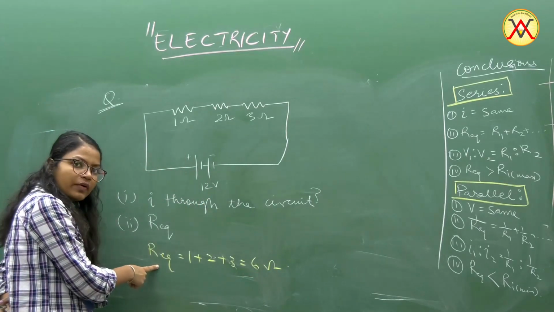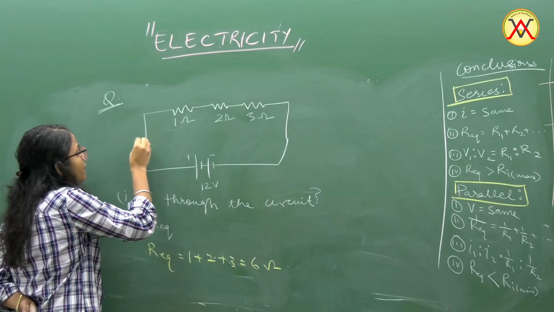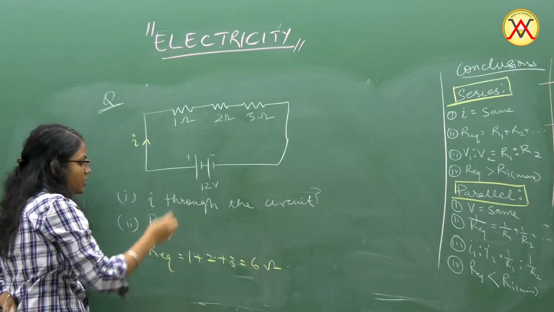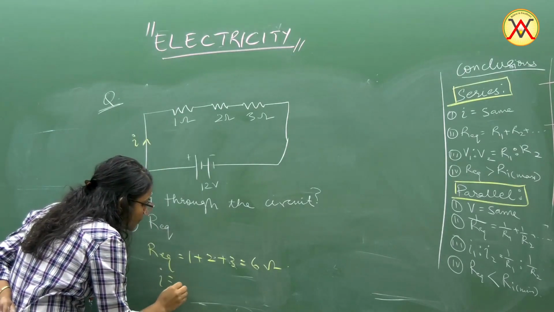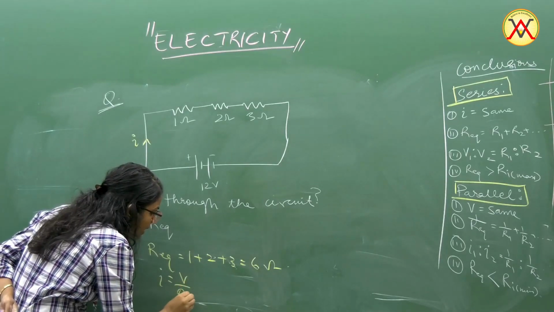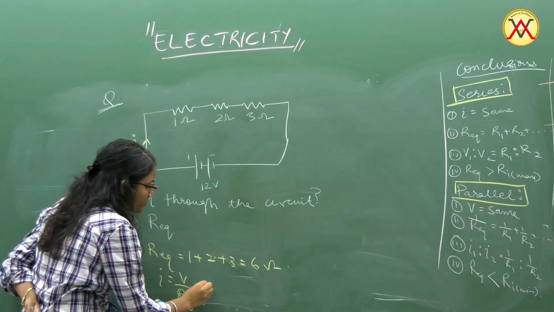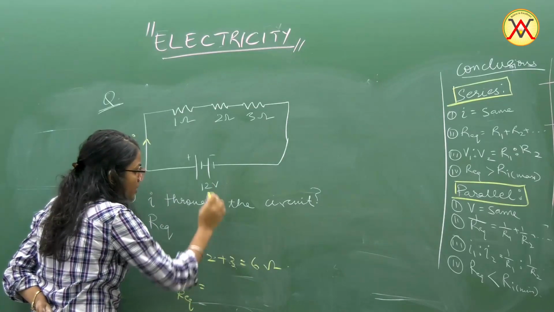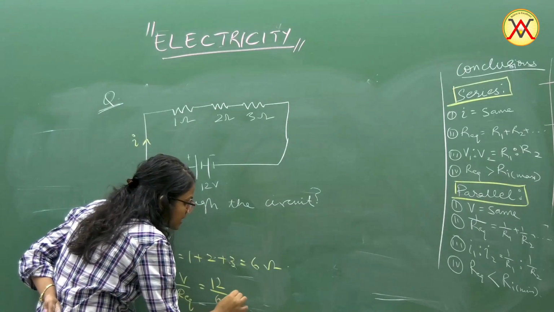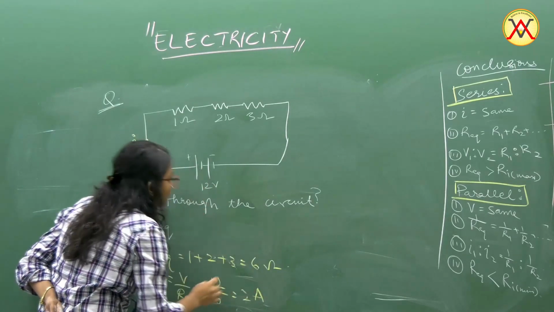Since we have our equivalent resistance, now we can easily find out the current through our circuit. So current would be V upon R equivalent, which is 12 upon 6, that is 2 amperes.